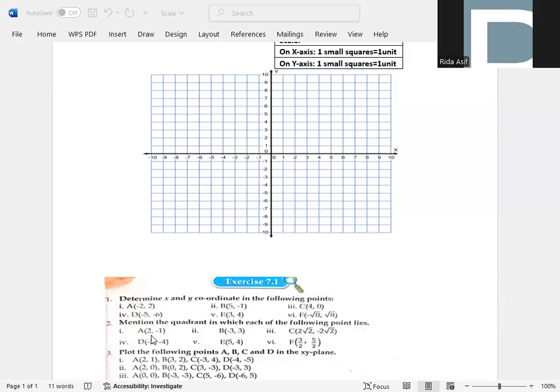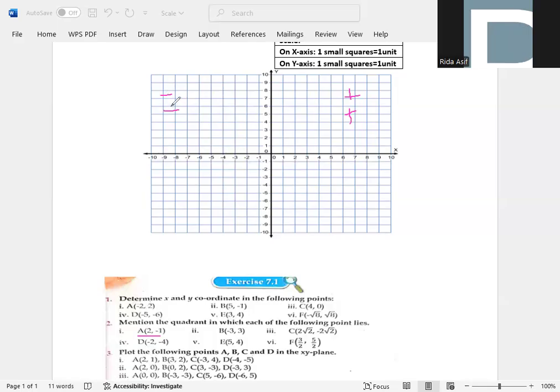For example, you can see that the first point is positive and here minus 1 is negative. Look again. Here we can see that the first point is positive and the second one is negative. So according to our graph, in the first quadrant x-axis is positive and y-axis is positive, right?